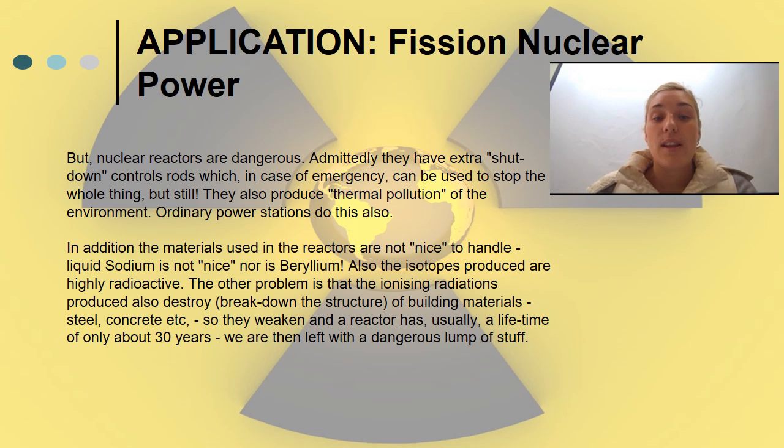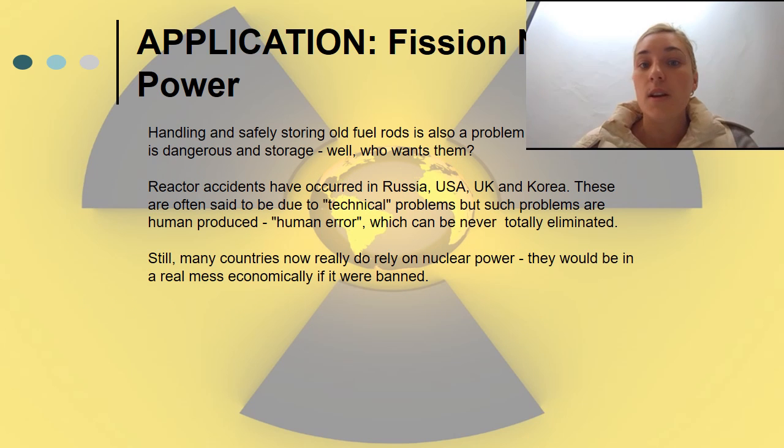After that, you're left with a big lump of very radioactive material that can be very difficult to dispose of. So there are a few safety concerns with regard to nuclear power plants, and the handling, safety and storing of old fuel rods is a huge problem. Reprocessing the fuel rods into something more purposeful is quite dangerous, and the storage of the spent rods is a huge problem.